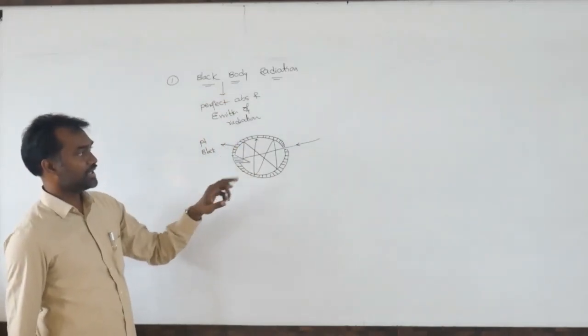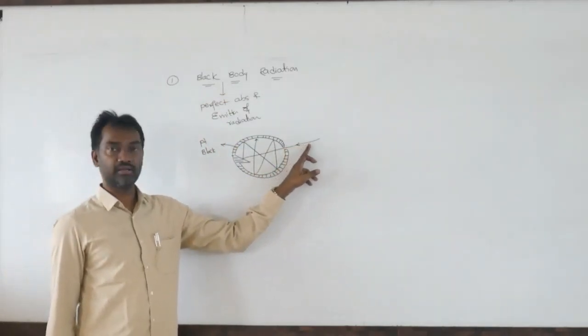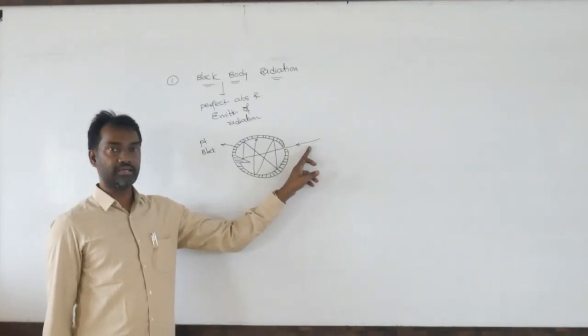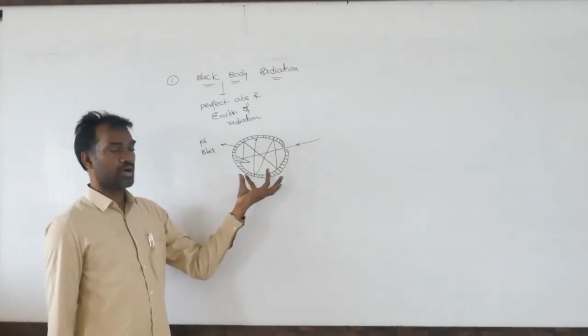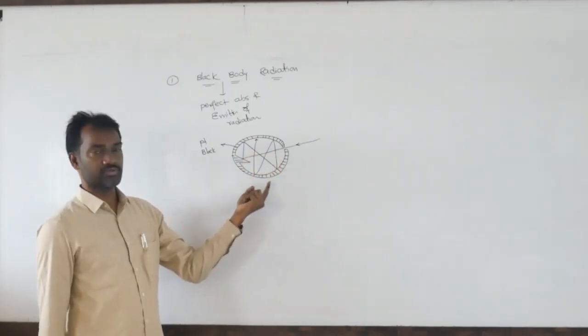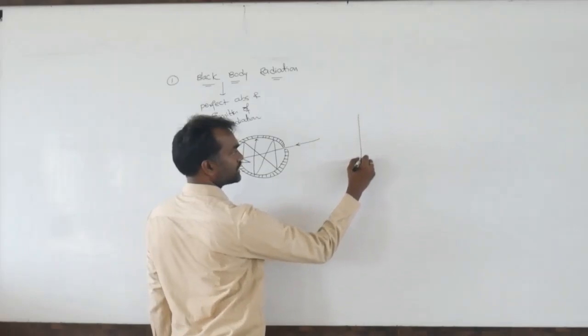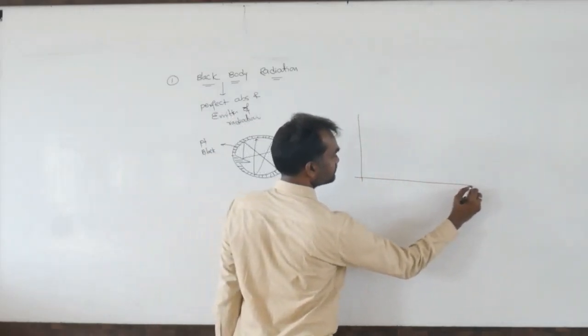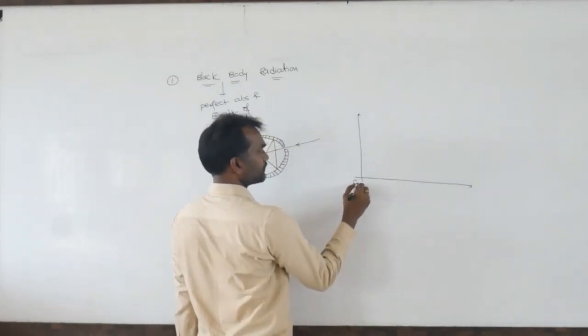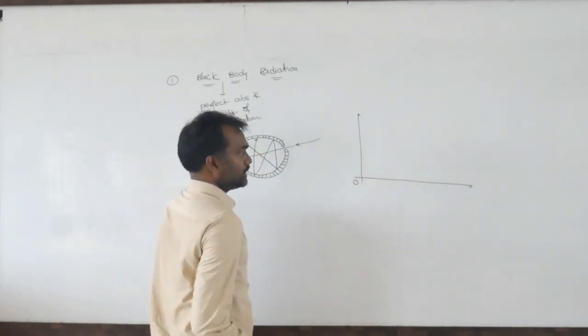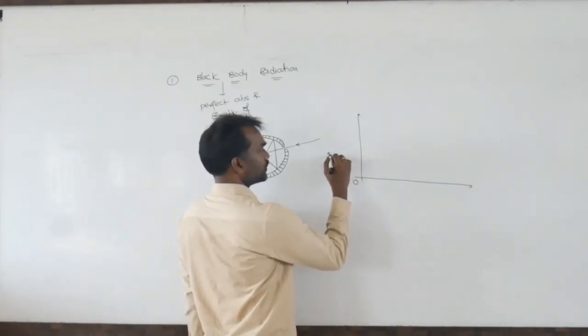In this black body, they send different wavelengths of light, and they heat the hollow sphere as well. Then they took a graph.